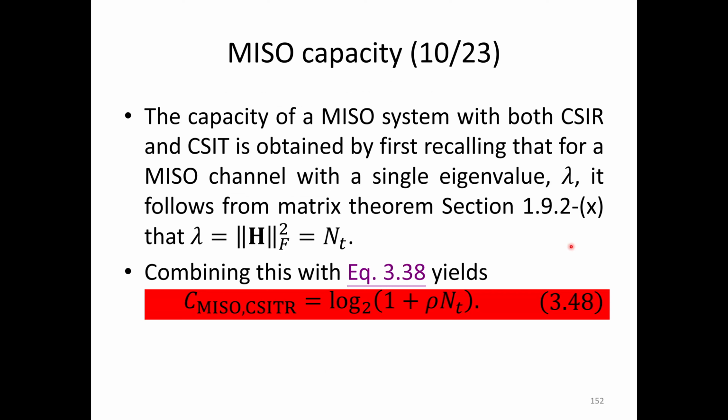Next page. The capacity of a MISO system with both CSIR and CSIT is obtained by first recalling that for a MISO channel with a single eigenvalue lambda, it follows from the matrix theorem, section 1.9.2x.